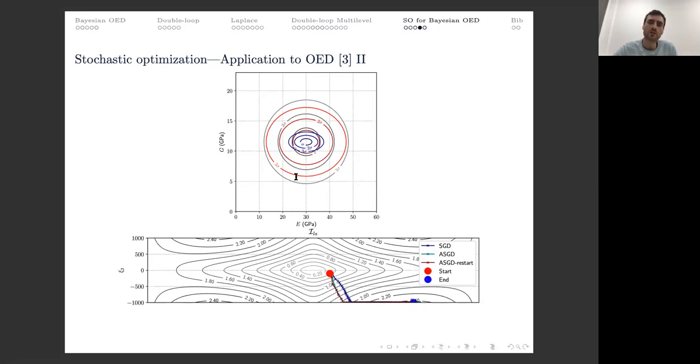You can see here our prior is this gray Gaussian that you can see on the top, and our posterior at the initial guess is the red one, and at the optimal point is the blue one. So you can see that the posterior concentrates a lot, and we can learn much more if we find the optimal experiment.